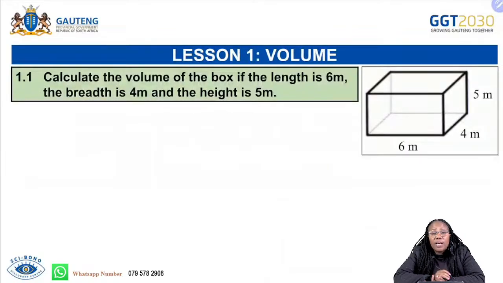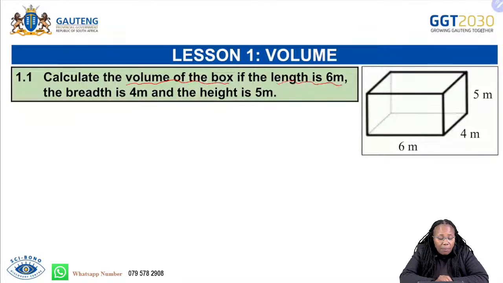And then now let's start with the first lesson, that is on the volume. And later we'll look at the surface areas of your solid shapes. And then here you have to calculate the volume of a box, if the length is 6 meters, the breadth is 4 meters and the height is 5 meters.